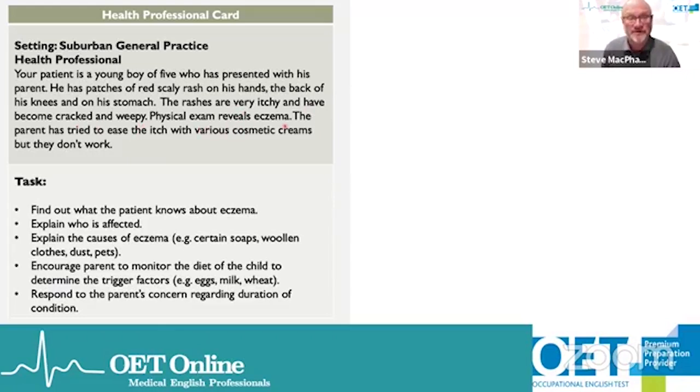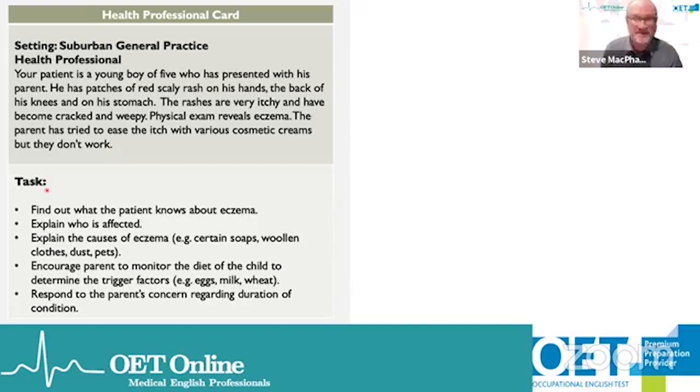Physical exam reveals eczema. Parent has tried to ease the itch with various cosmetic creams, but they don't work. So that's the scenario, everyone. You know this patient has had difficulty. You know the condition is eczema. You can use your experience and knowledge here. This task could be common either for a doctor, a pharmacist, or a nurse. All could potentially have a task like this.